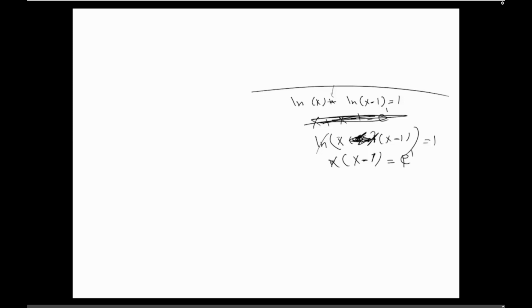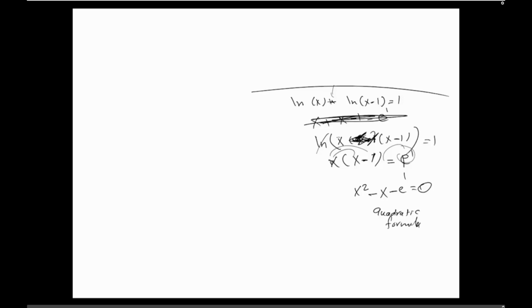And now what we're gonna do is distribute the x, and we're gonna bring the e over here, so we get x squared minus x minus e equals 0. And now we're gonna use the quadratic formula to get the values we're looking for.